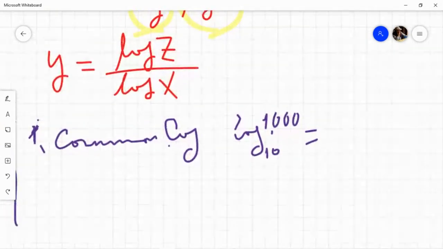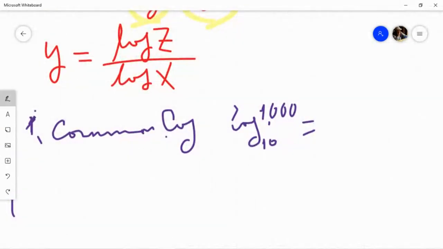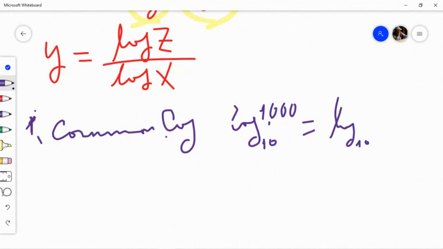We know it's base 10 log of 10 to the third power, and it becomes 3, right?